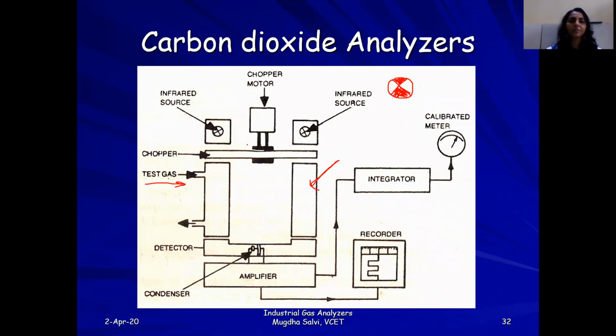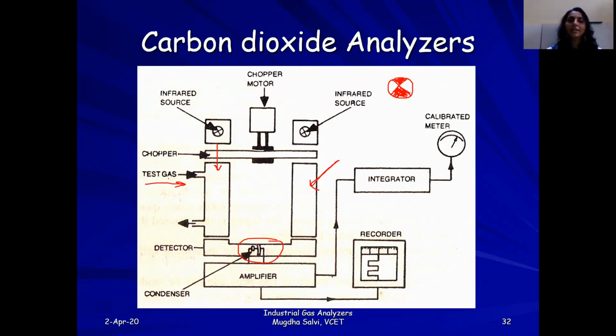Now when light passes from the infrared source, initially when there is no sample, this particular condenser, or capacitor, is balanced. Balanced in the sense that there is no fluctuation in the plate.